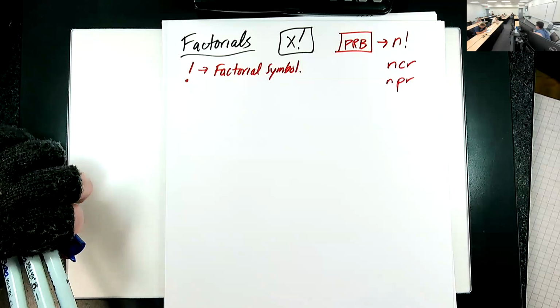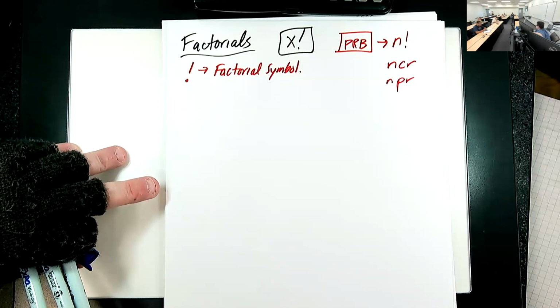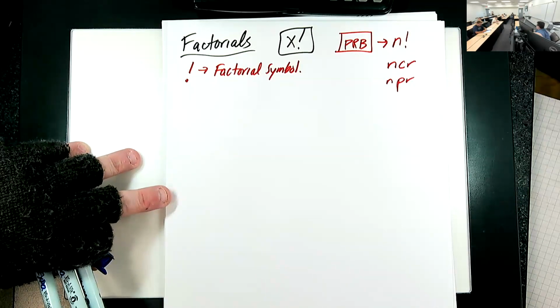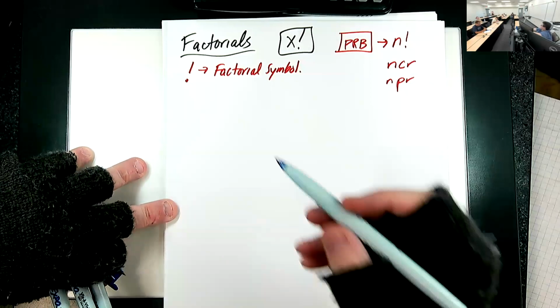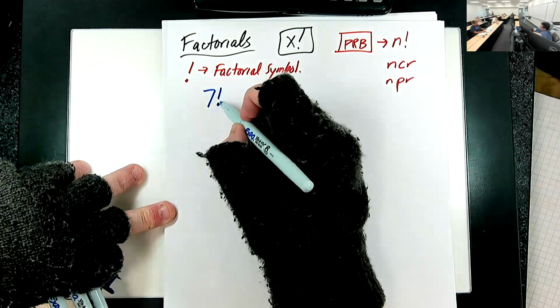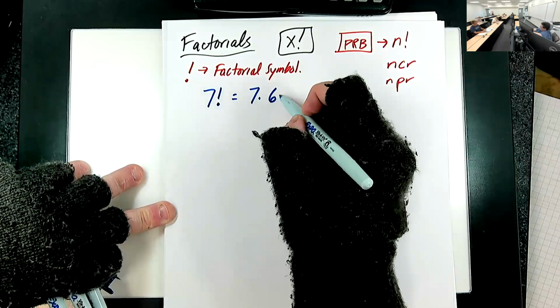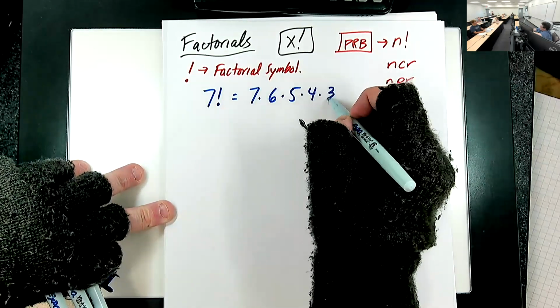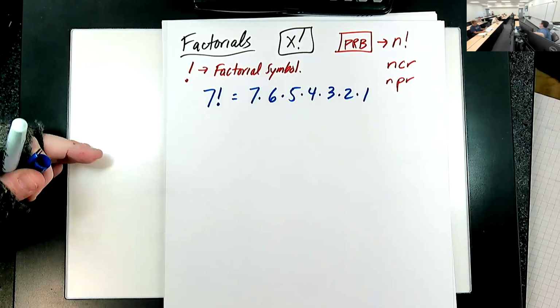I think rather than trying to put it in words, I'm just gonna show you a factorial. And you'll be like, okay, I get it. I don't need words. 7 factorial is 7 times 6 times 5 times 4 times 3 times 2 times what?